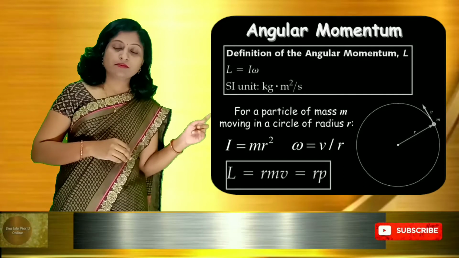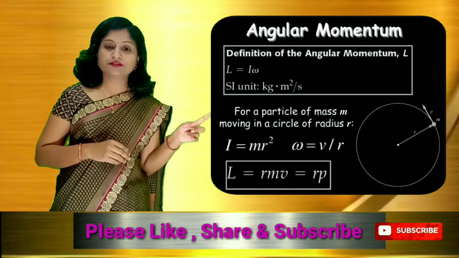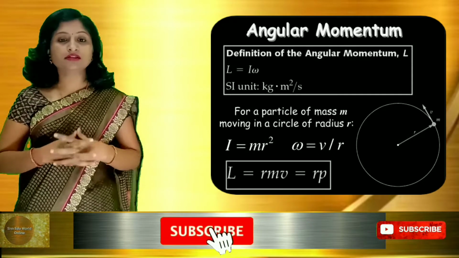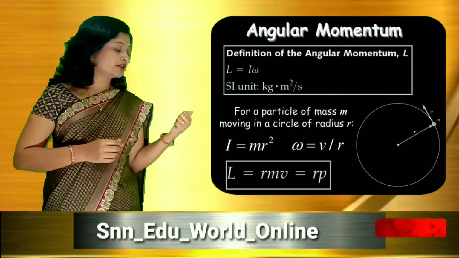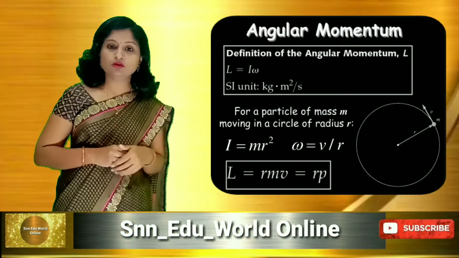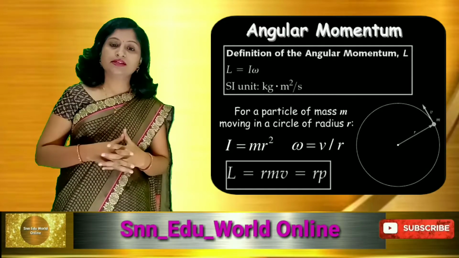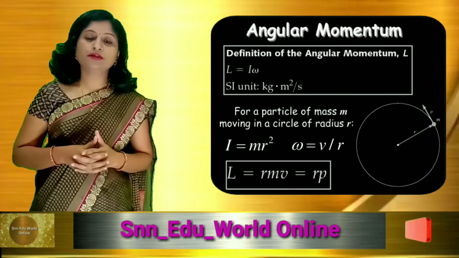See here, m into v, mass into velocity, is nothing but the linear momentum, small p. So angular momentum L can be written as r into p, that is the alternative formula for angular momentum.